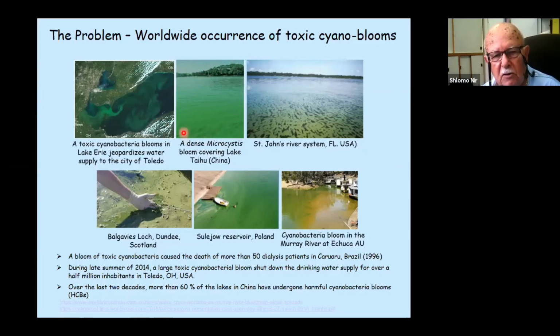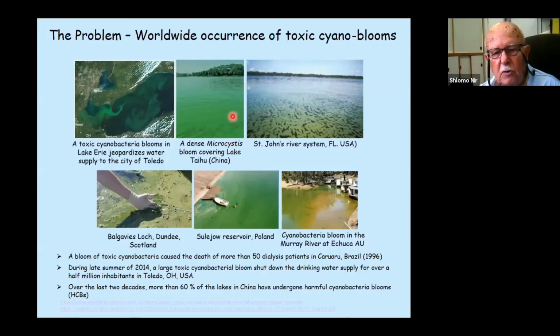Sometimes a city of 1 million people depends solely on the lake for its drinking water. But there are periods of cyano blooms which make this water impossible for drinking and not allowed because of toxins in the water.